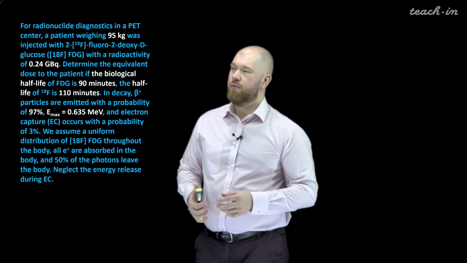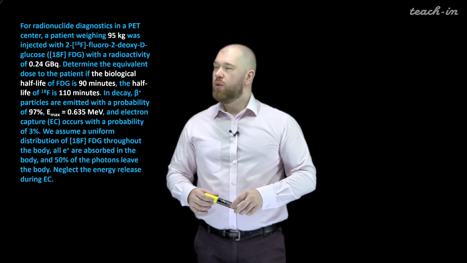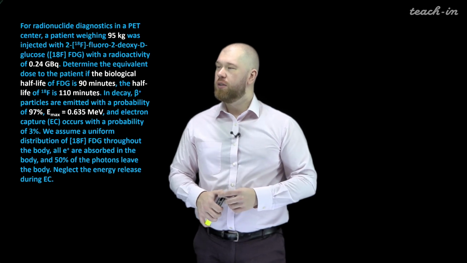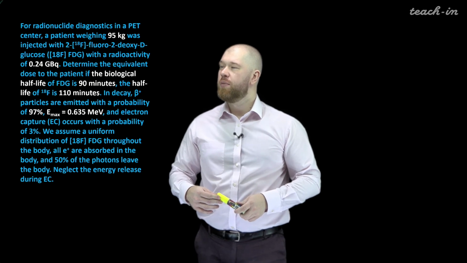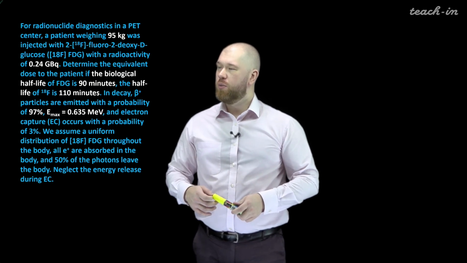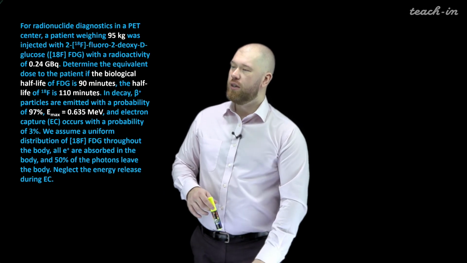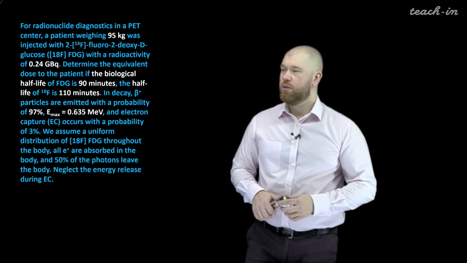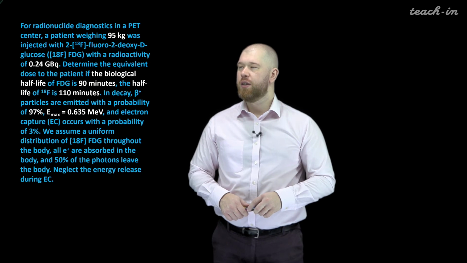There is a half-life of fluorine as well, and we know the probability of beta plus decay, and we know the maximum energy of these beta particles, and we know that only 50% of the annihilation photons are absorbed by the body, or 50% leave the body.